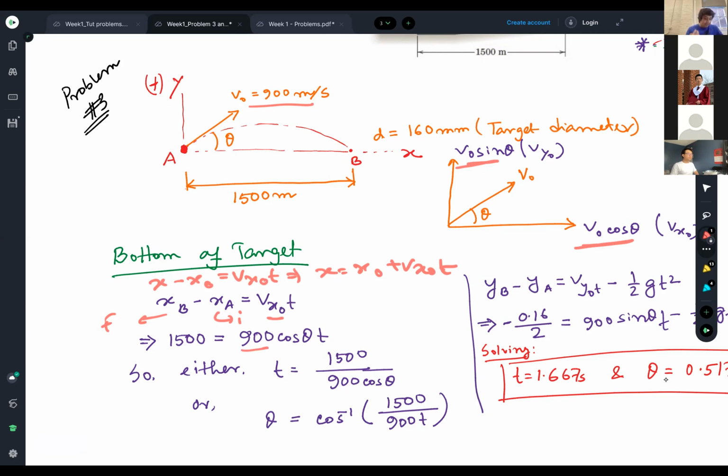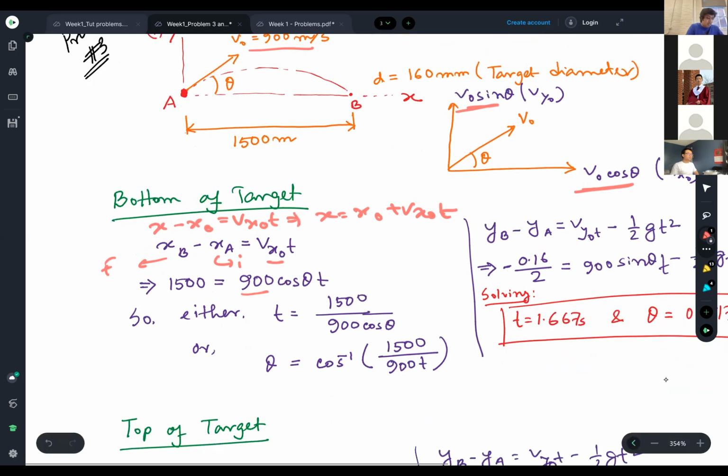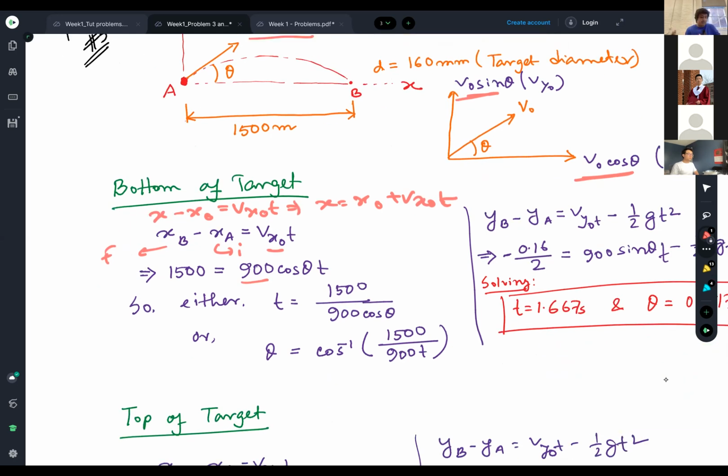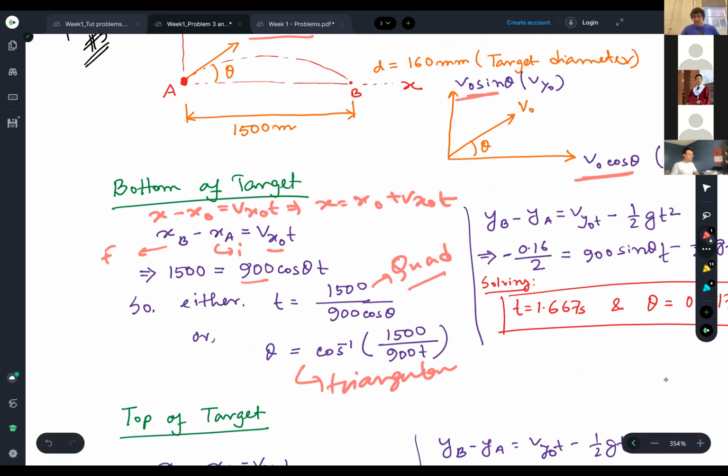Now you can have two different solutions. First of all, you can solve in terms of t, or you can solve in terms of theta, whatever you prefer. It really doesn't change the solution. If you use t, you will have a quadratic equation when you substitute it next time. And if you use theta, you will have a trigonometric equation. I prefer the quadratic equation because trigonometric equations are a little bit hard to solve.